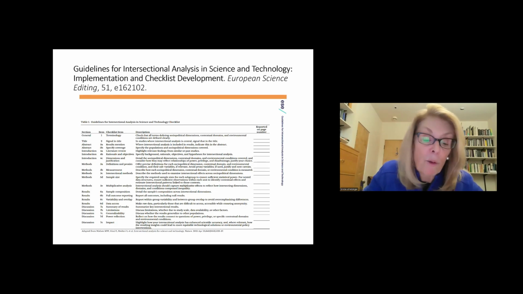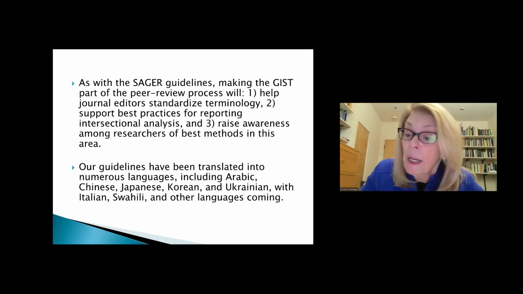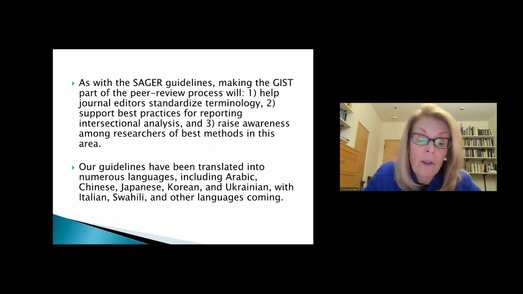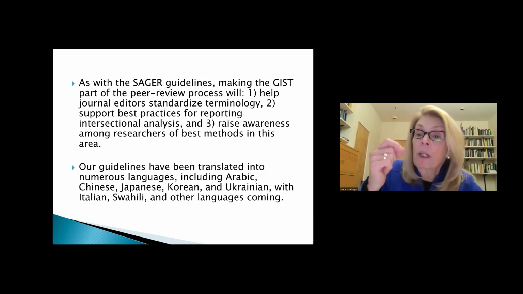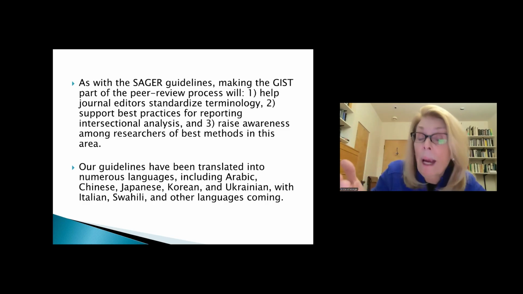So I very much appreciate your assistance in promoting the uptake of these guidelines. As with the SAGER guidelines, making the GIST guidelines part of the peer review process will help journal editors standardize terminology. It will help support best practices for reporting intersectional analysis. And importantly, it will raise awareness among researchers of best methods in the area.